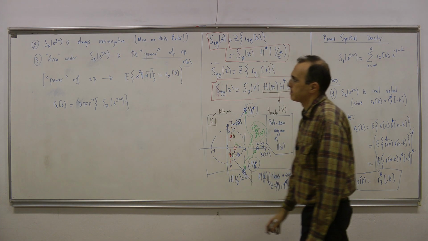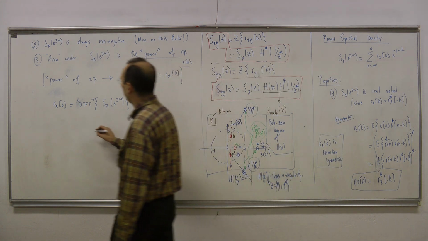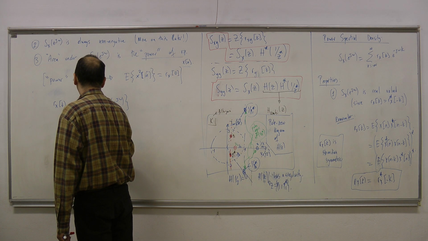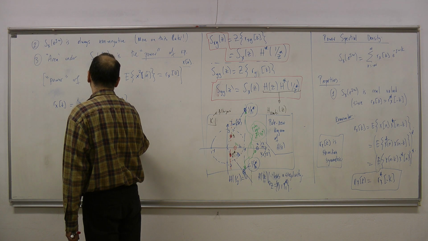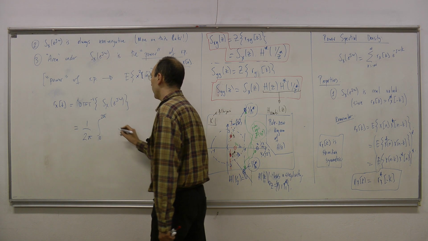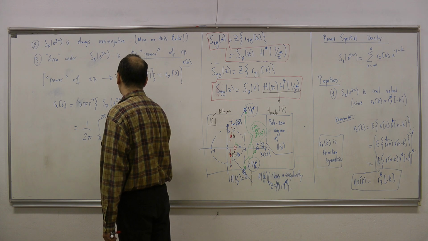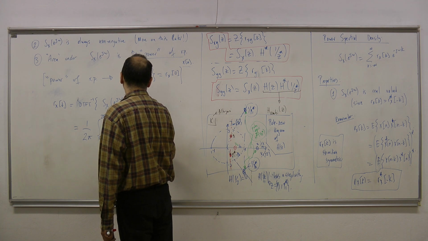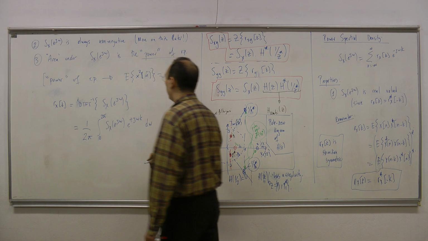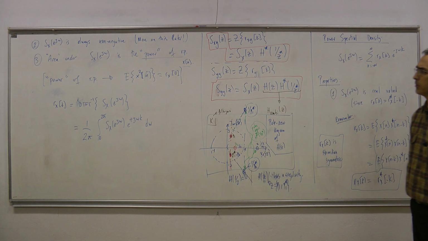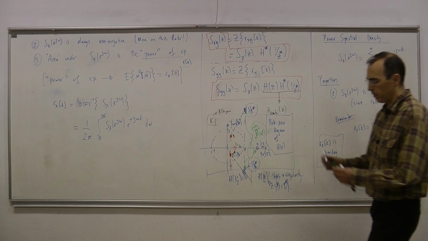Okay. So what is inverse DTFT? 1 over 2 pi, let me say 0 to 2 pi, Sx e to the j omega plus j omega k d omega. That is the definition. Inverse DTFT.